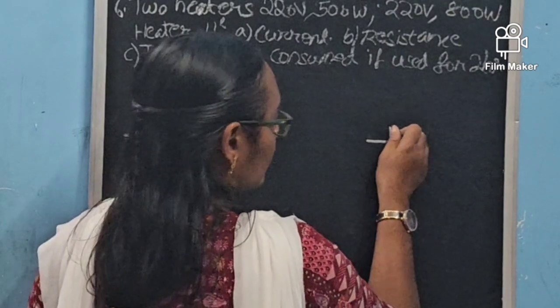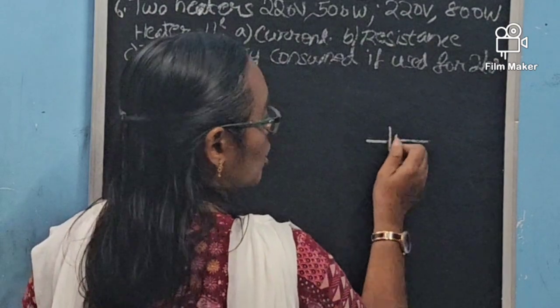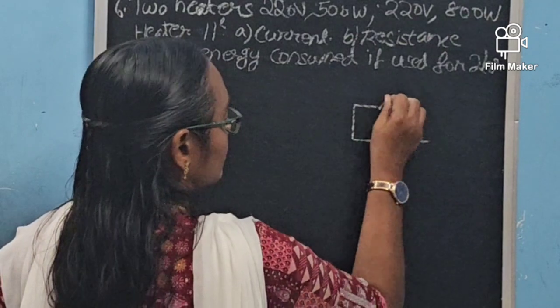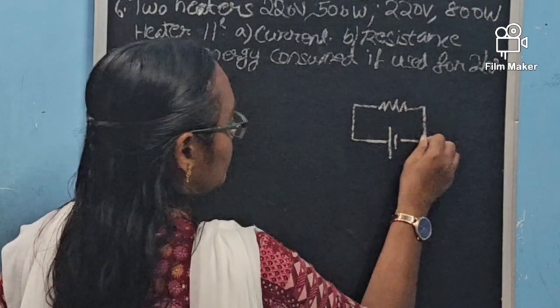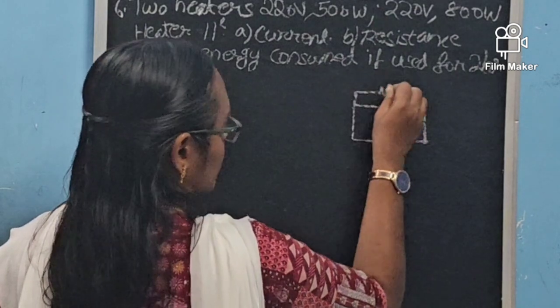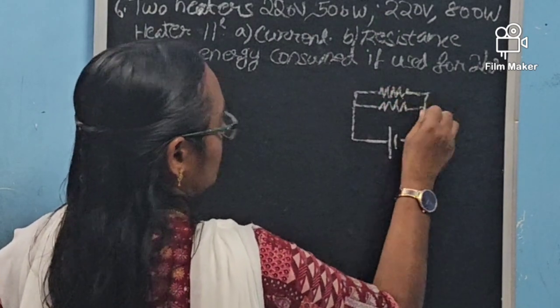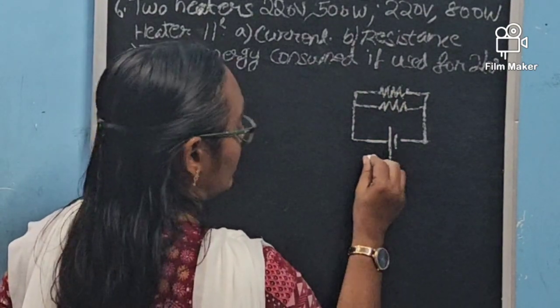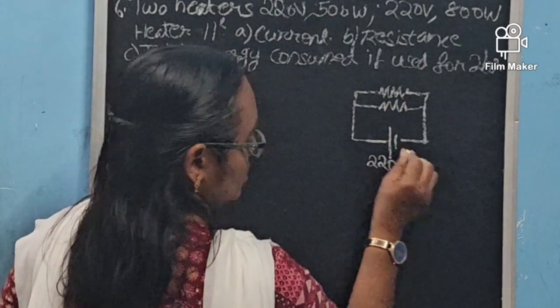Even though battery is not there, just for showing the source, we are drawing like this, okay? And then parallel connection is there. Two parallel connections are there, and main voltage is having 220 volt.